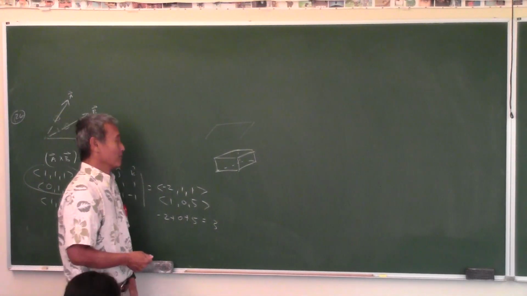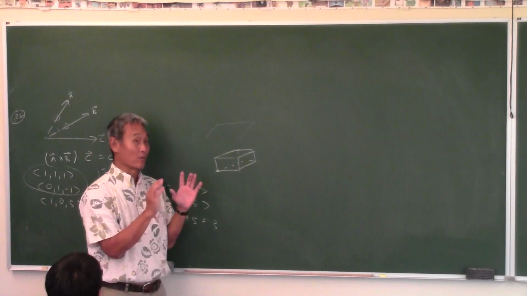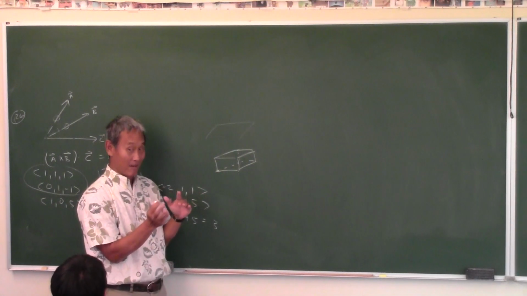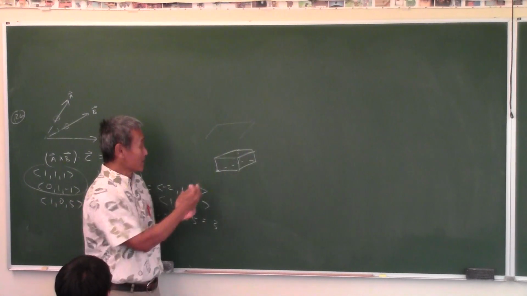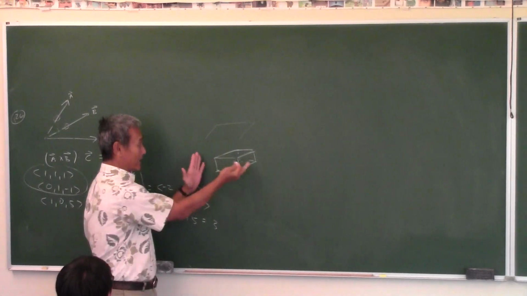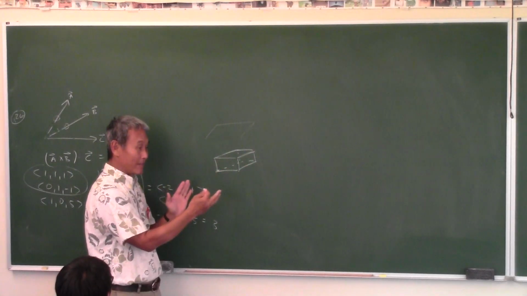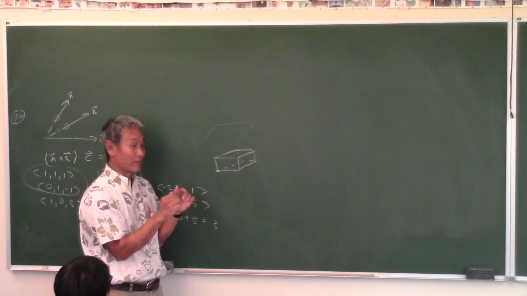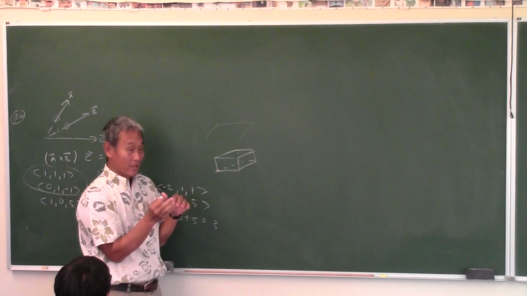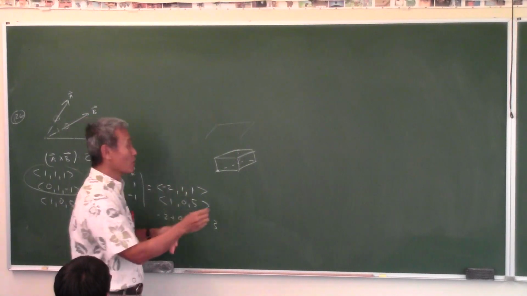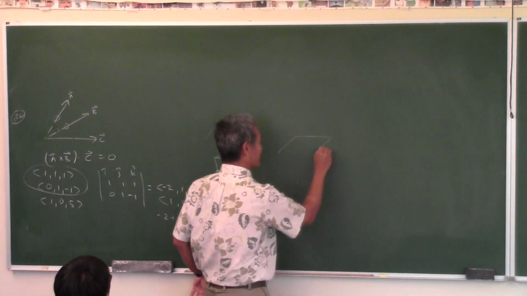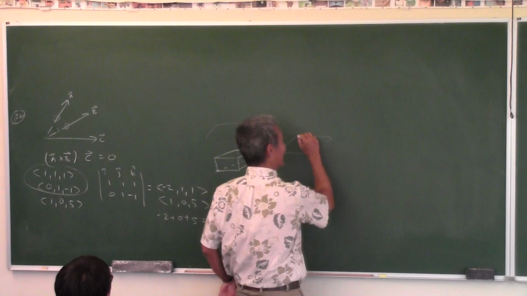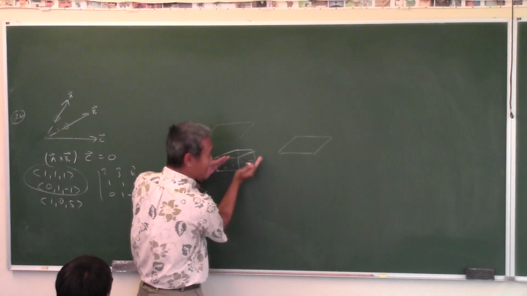But what if each of the faces were not rectangles? What if they were parallelograms? In a rectangular box, opposite faces are congruent rectangles, right? But instead of rectangles, what if they're parallelograms? If the opposite faces are congruent parallelograms, then it's like a box, except it's tilted.